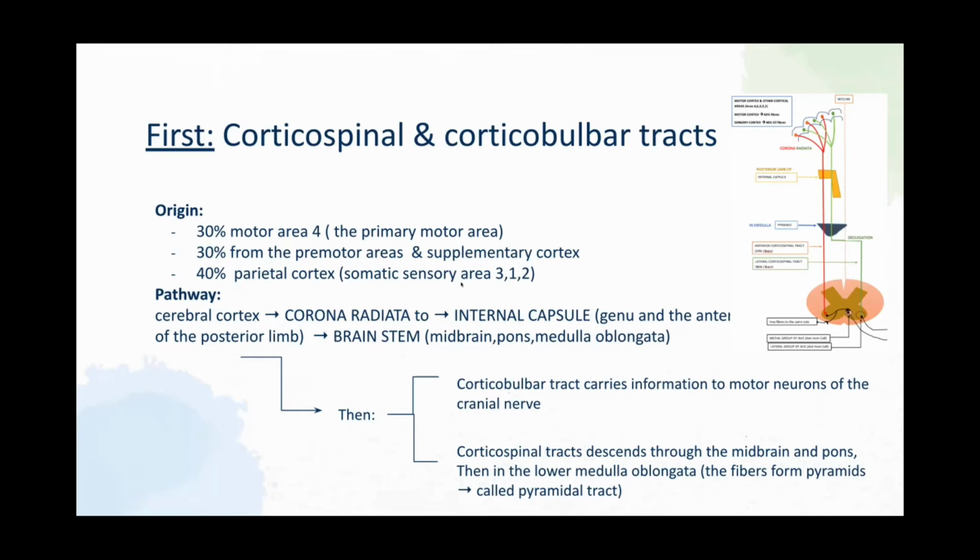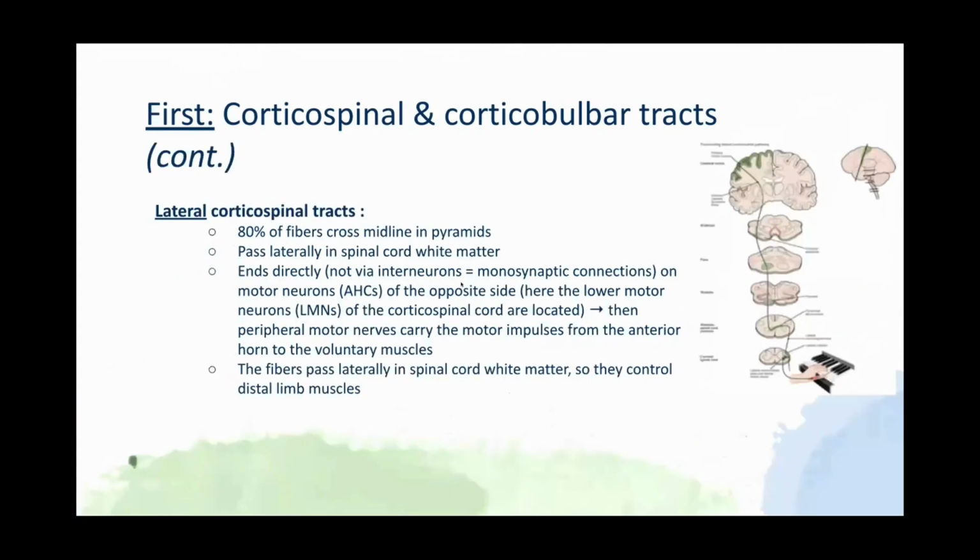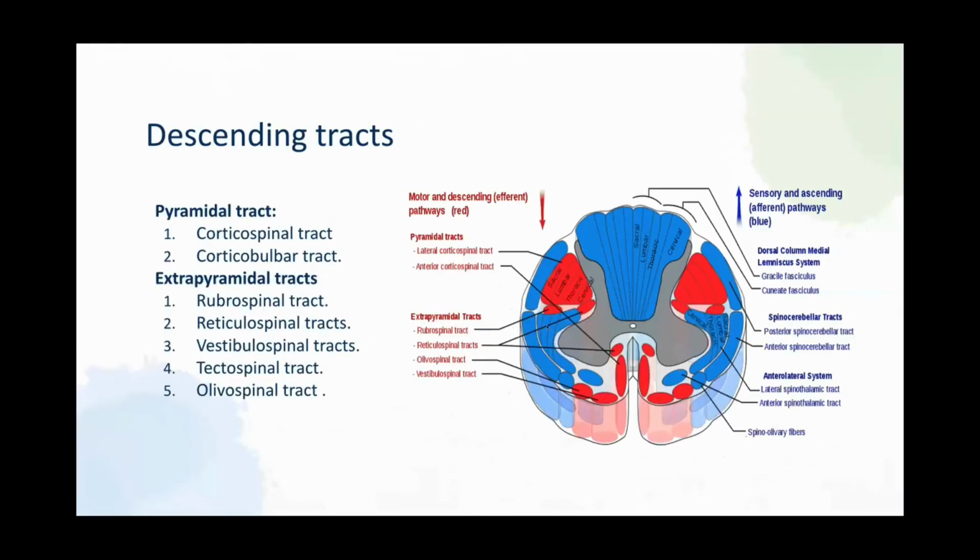Okay. Now we're going to talk about the corticospinal tract. We will divide it into the lateral corticospinal tract and the medial corticospinal tract, because one of them is lateral in the spinal cord and the other is medial. We will go back to this picture to show you. So here we have the lateral corticospinal tract.